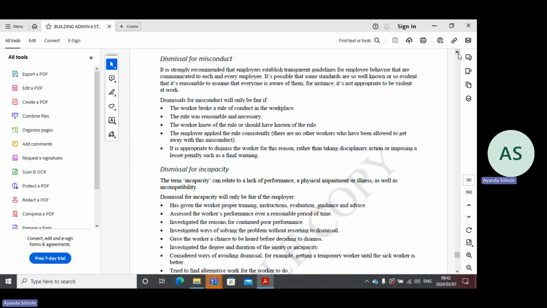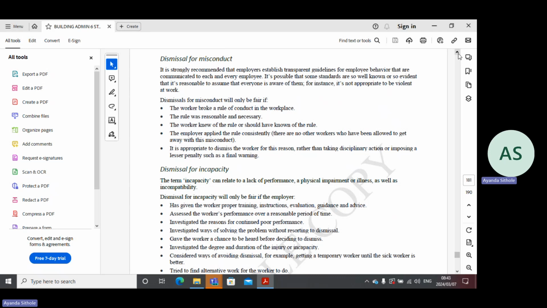For instance, it's not appropriate to be violent at work. So dismissal for misconduct will only be fair if the worker broke a rule of conduct in the workplace, the rule was reasonable and necessary, and the worker knew of the rule or should have known of the rule. So those are dismissals for misconduct.